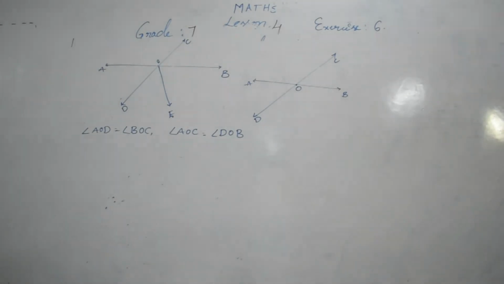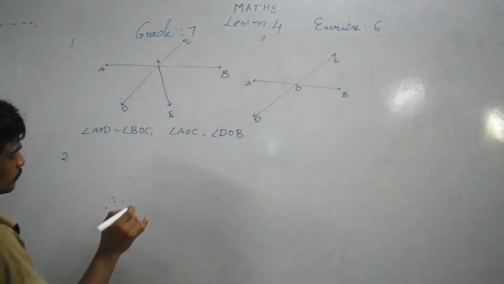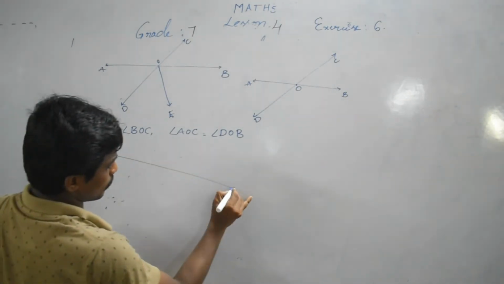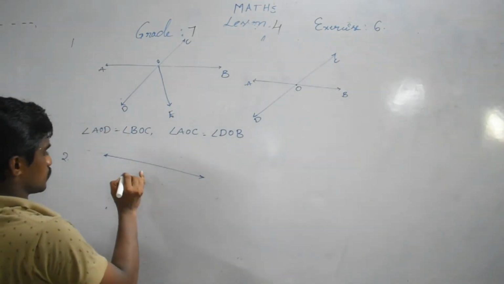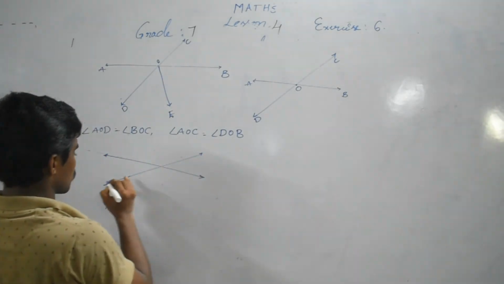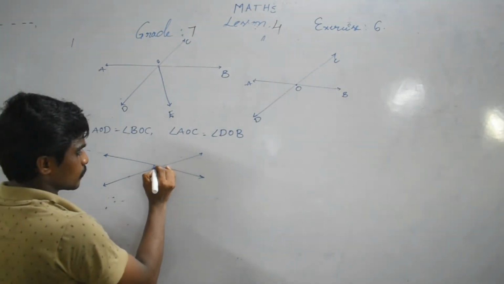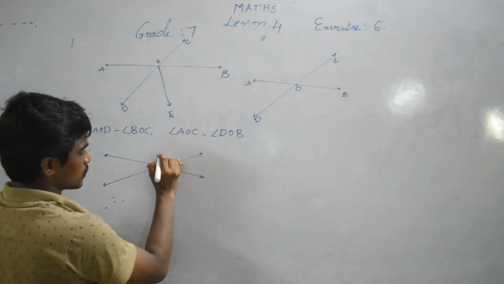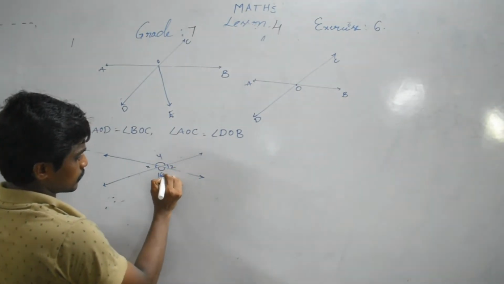Find the measures x, y, z without actually measuring them. Second one. Here x, y, z. Here 160.